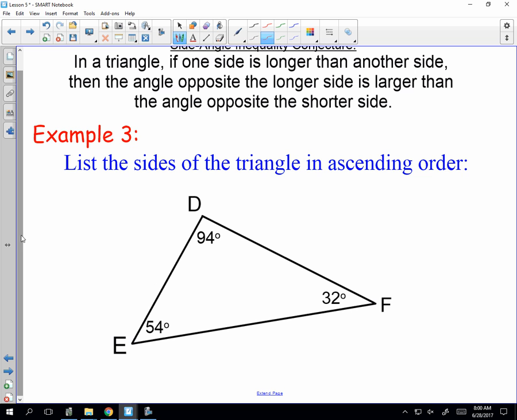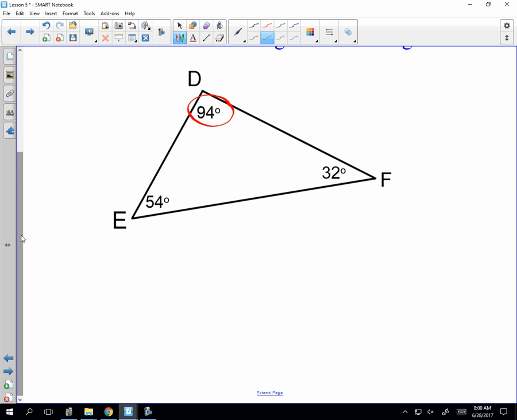So we can see here that 94 is the biggest of the three angles. So then we know the side opposite, EF, is the largest of the three side lengths. Okay, so that's greater than anything.